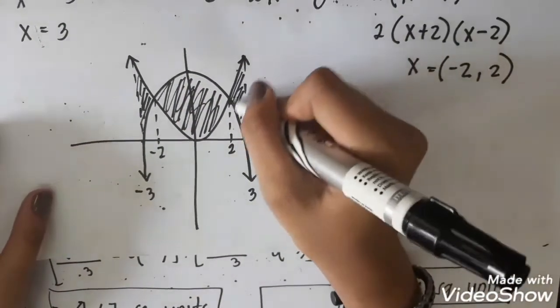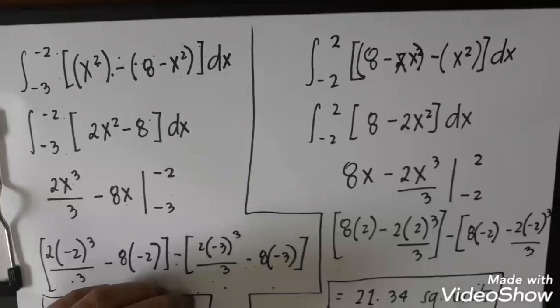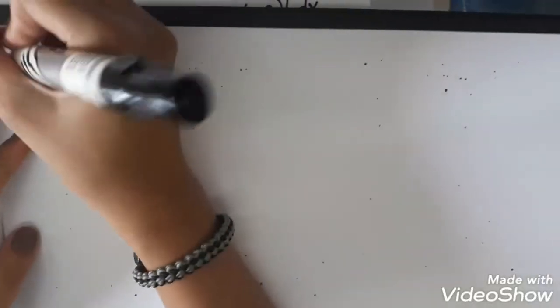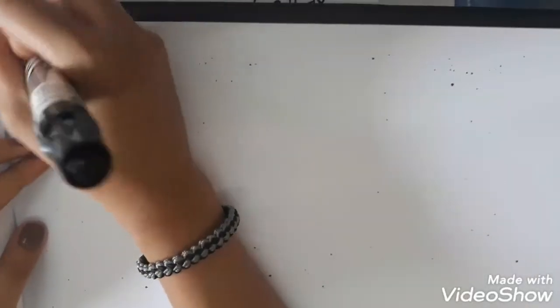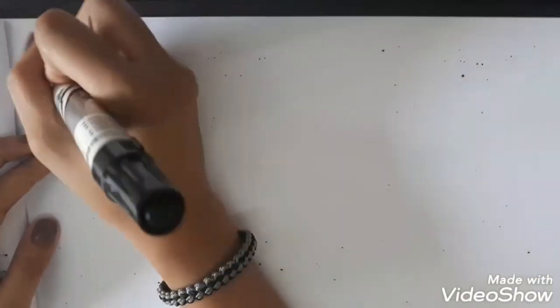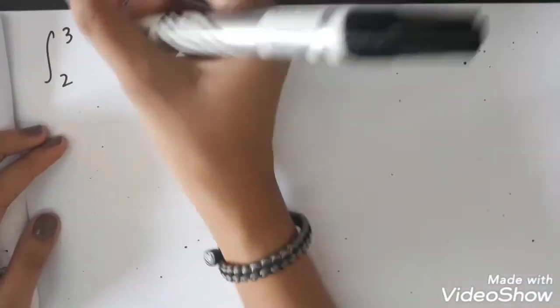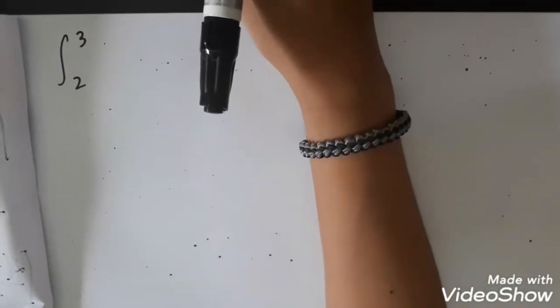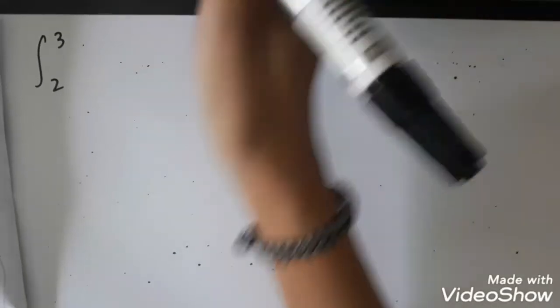Now let's find the area in this part. Let's use another paper for that. So this is the integral from 2 to 3. This one here is our top curve.